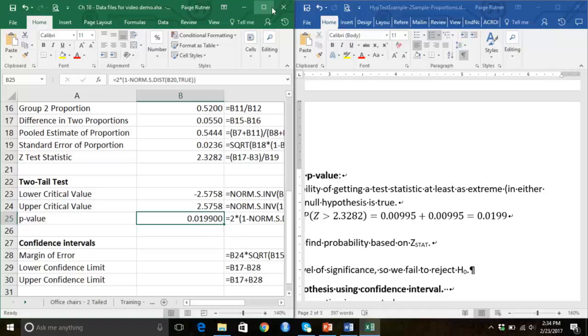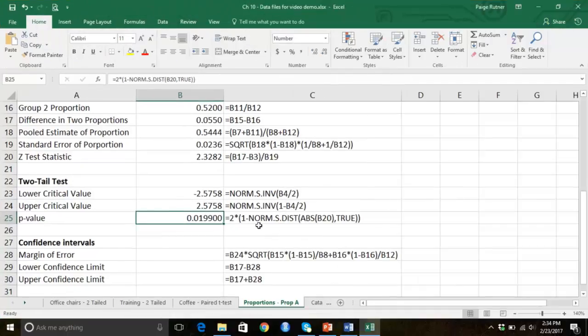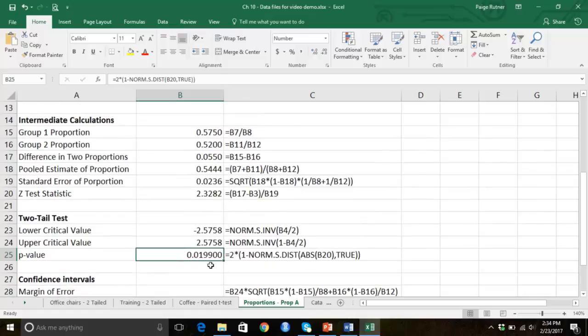The other thing that I'm doing in this formula, and let me blow this up so you can see the whole thing, is just to make my formula flexible, so that it's going to work whether my z statistic here is either positive or negative. The other thing I'm doing is taking the absolute value of that test statistic.